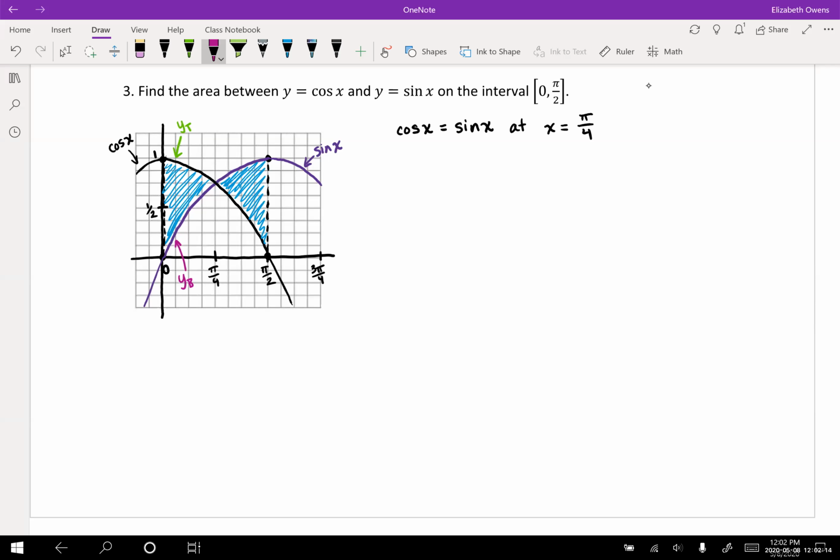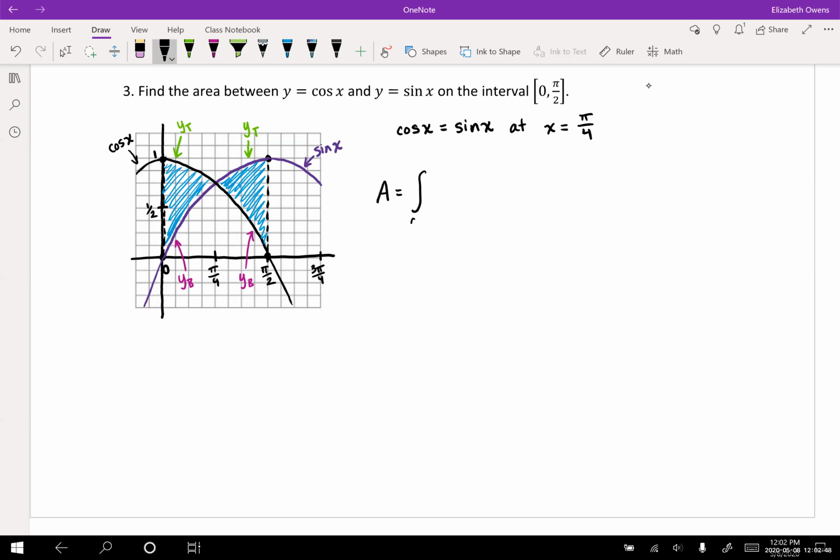But notice as soon as we pass the intersection point, that switches. The sine function is on top now, and the cosine function is on the bottom. So if we're setting up our integral here, we would actually need to do two different integrals to find the area, because you always got to do top function minus bottom function for the setup.